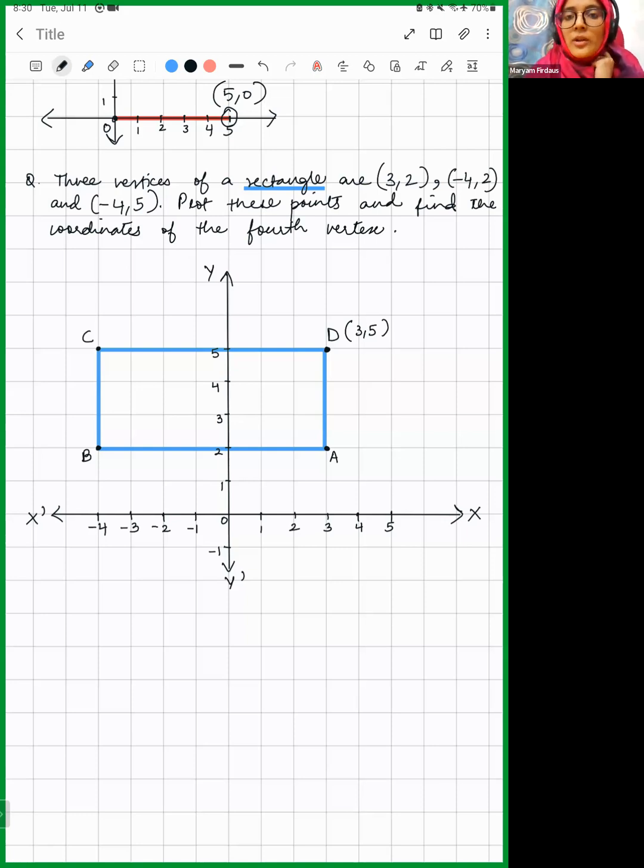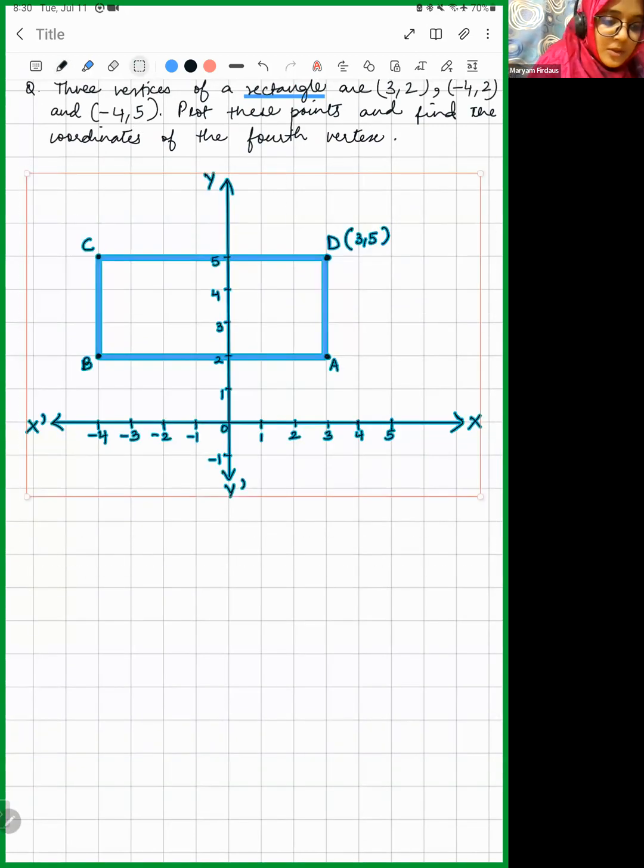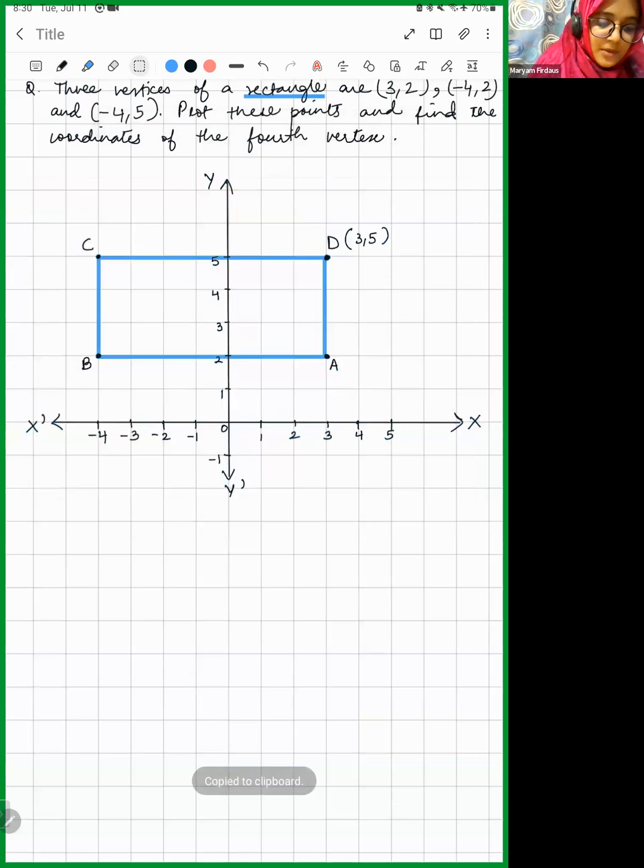I'll read that question out loud. Write the coordinates of the vertices of a rectangle whose length and breadth are 5 and 3 units respectively. One vertex is at the origin. The longer side lies on the x-axis and one of the vertices lies in the third quadrant. Let us see what all this piece of information means. I'm just going to copy this because we don't have much time left.